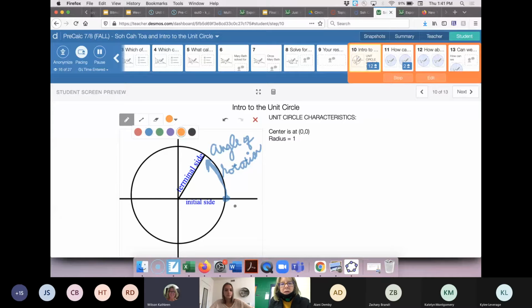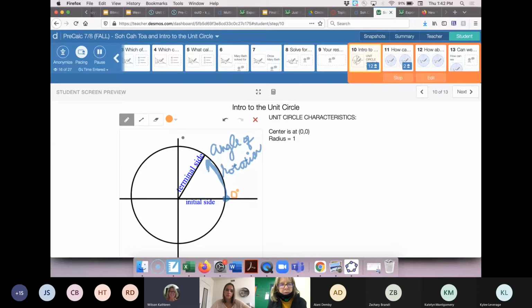So again, the first thing we're going to do is label some angles on here. If we're at the starting point, we're going to say we've rotated 0 degrees. If our terminal side was right on top of our initial side and we haven't rotated at all, then we'd be at a 0 degree angle of rotation. What if we rotated all the way up to the top?